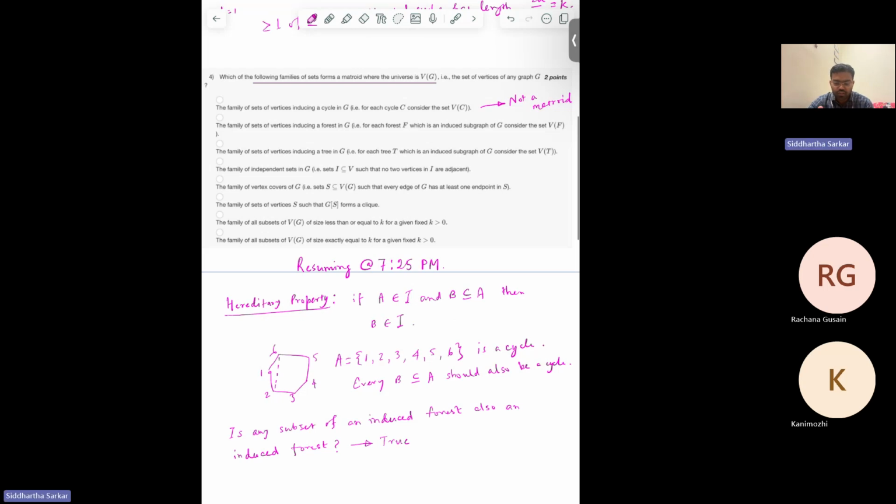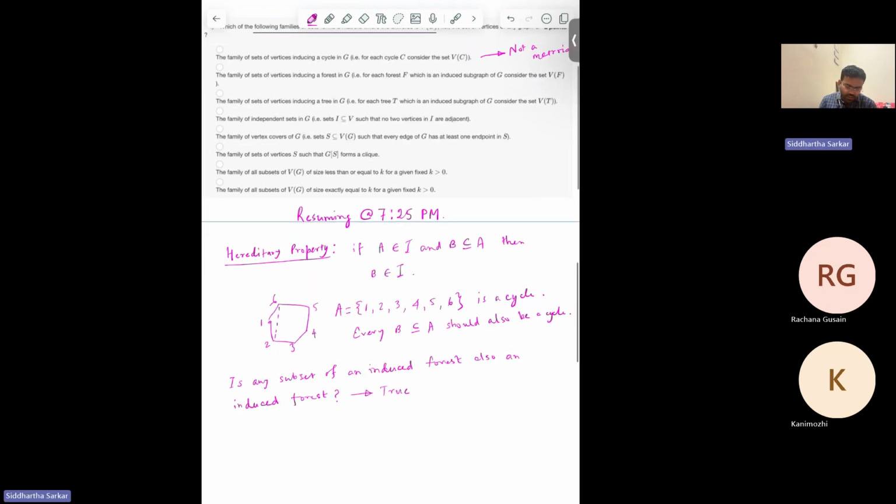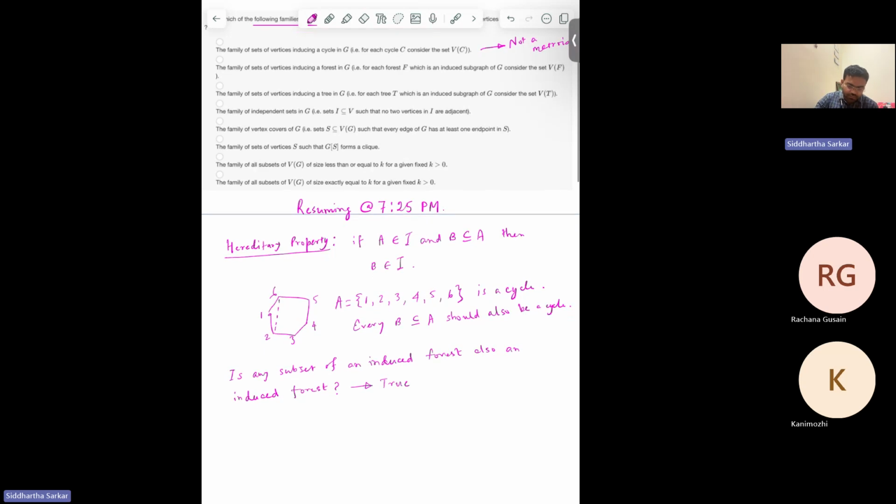So the other property that we have to check is called the exchange property. So what is the exchange property? It's also called the augmentation property.